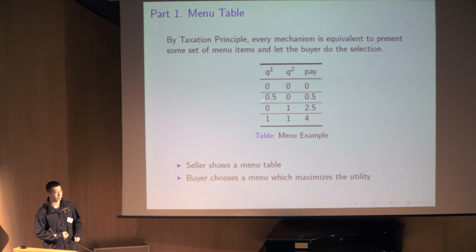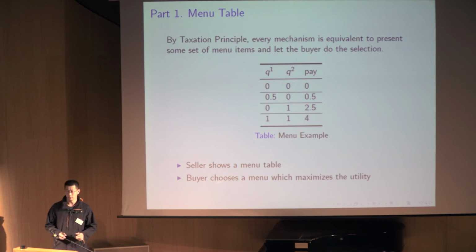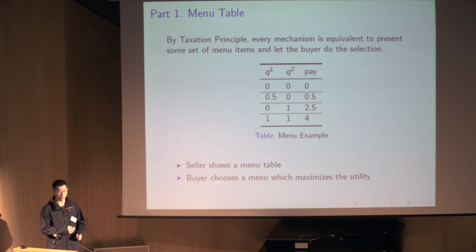The second menu item says you get the first good with half probability, and you only pay 0.5. In this mechanism, the seller first shows a menu table like this, and then the buyer chooses the menu item which maximizes the utility. Given such a menu table, how do we compute the buyer's utility?